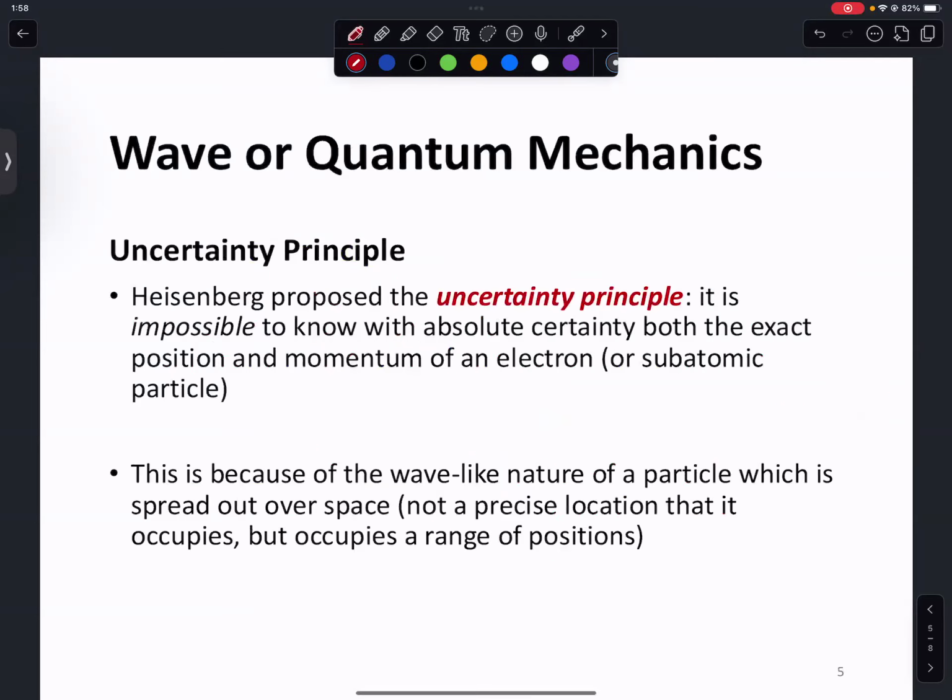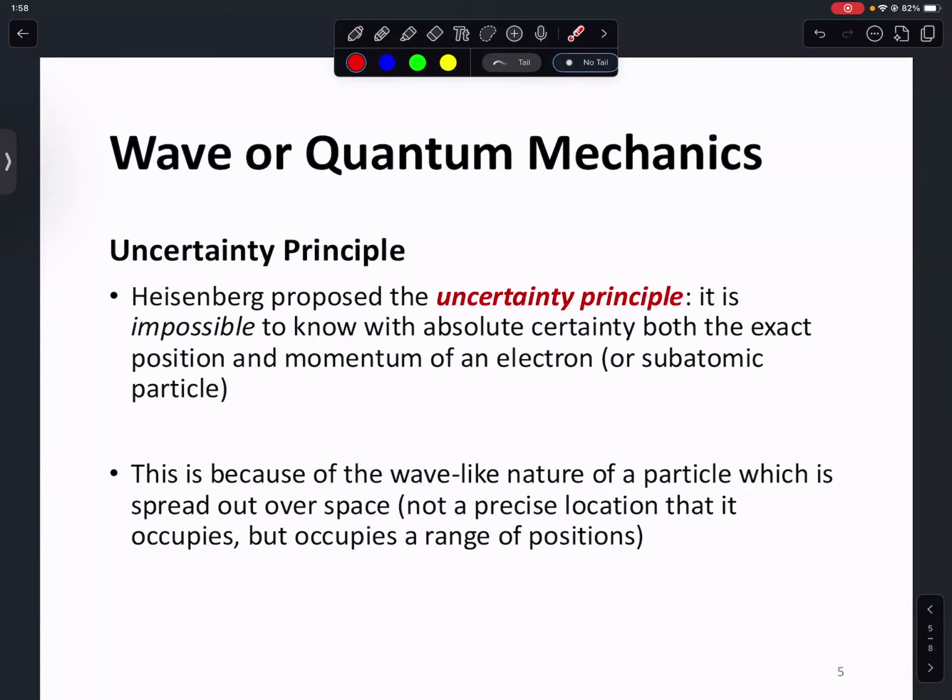Now, moving on to the uncertainty principle, or the Heisenberg uncertainty principle. The Heisenberg uncertainty principle states that it is impossible for us to know the absolute certain position and the momentum, okay?